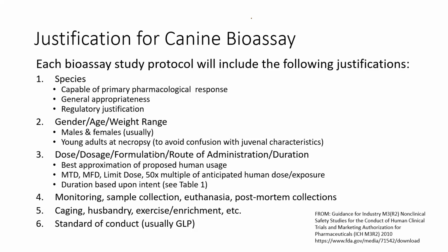The high dose will be either a maximum tolerated dose, a maximum feasible dose, limited by the route of administration, a limit dose, a gram per kilo per day in general, or sometimes a 50x multiple of the anticipated human dose exposure. Now, the key word here is anticipated, because at this point, the drug developer won't have any information as to what that dose is, and hence can become limited if one chooses this route.